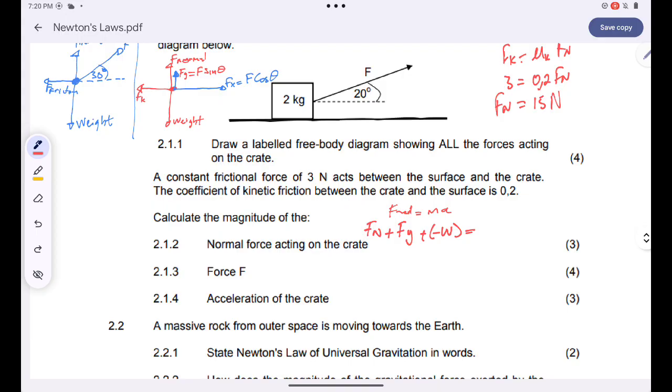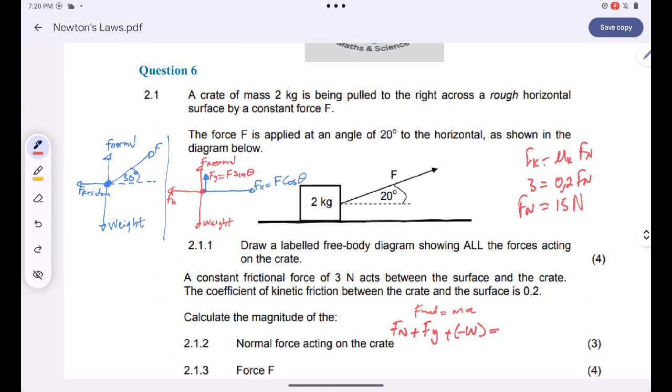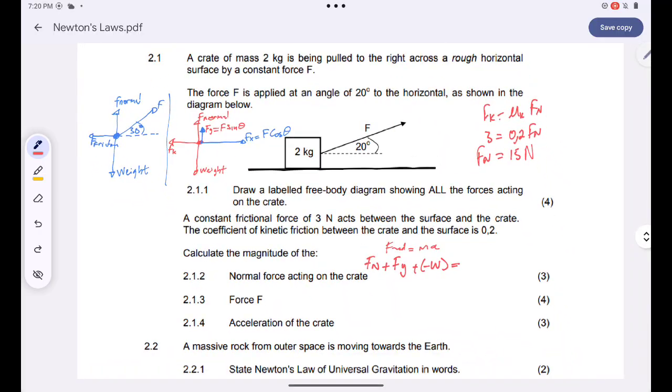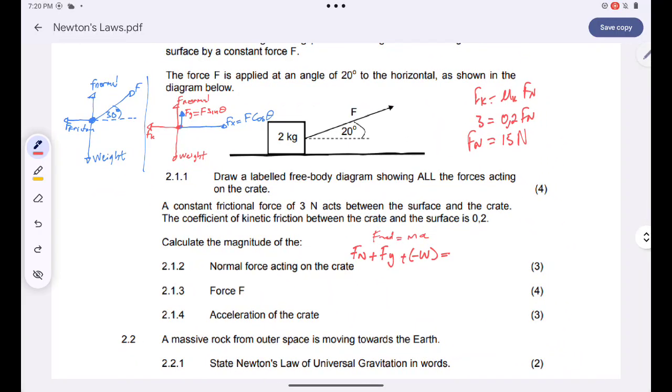But since our crate is not moving vertically, it simply means our crate is not accelerating upwards or downwards. It simply means the vertical acceleration is 0, number one. And if the vertical acceleration is 0, that means F net for the vertical forces is also 0. So I'll just place a 0 over there. All right, together.